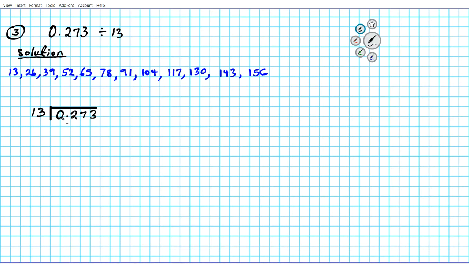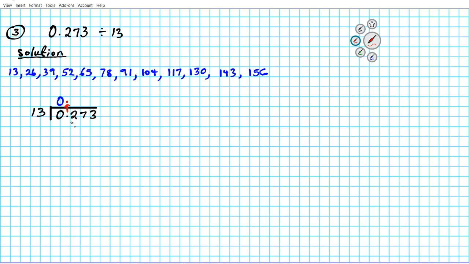So how many times does 13 go into 0? 0 is smaller than 13, so 13 can't go into it, right? So we're going to move on to the next place value, put a 0 there, and then our decimal point, just float it up while we're at it. Just float up the decimal point.